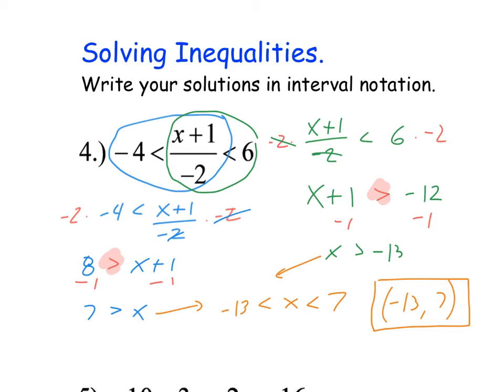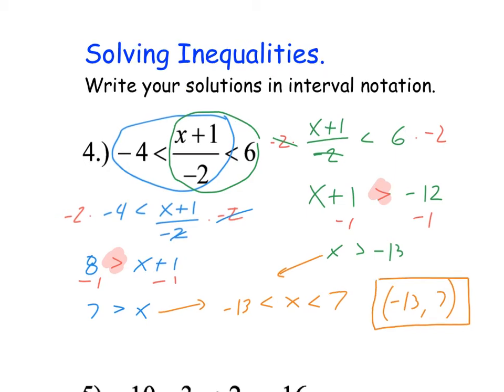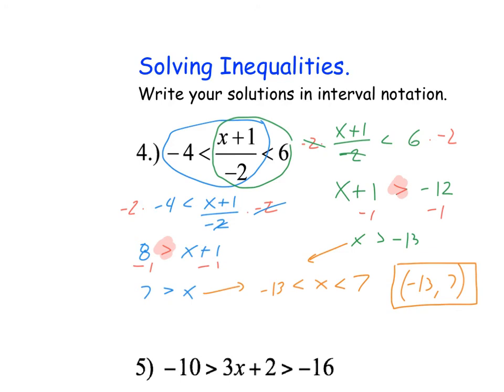So a lot of little switches around there. You might want to make a special note in your notes about what happened with that negative that you want to highlight for yourself. So something like: flip the symbol when multiplying or dividing by a negative.